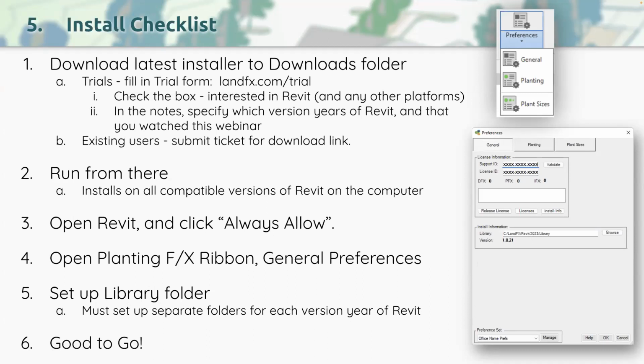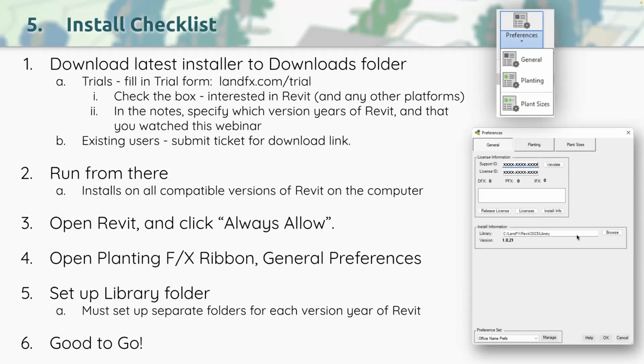So it goes upgrade model, upgrade model, upgrade model. So we've created libraries for each and every supported version year of Revit so that you can just download to that one. If you have multiple versions installed on your computer, you're going to follow these steps for each one. You're going to open up 2019 Revit, click always allow, go to general preferences and set it up to a 2019 library folder.